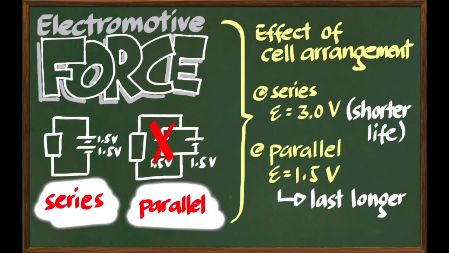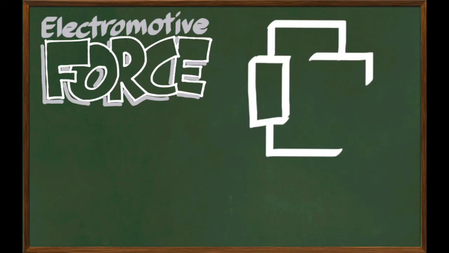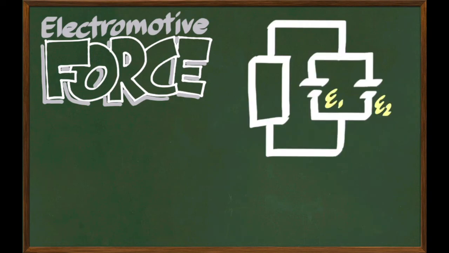Okay, I'll end this video with one interesting idea about this arrangement of dry cells to manipulate the EMF. As you may have noticed already, the dry cells have identical values. All are 1.5 volts in these cases. What if what we have are dry cells with different electromotive forces? In series, you just add them together, but in parallel, like this shown on your screen, here's what will likely happen.